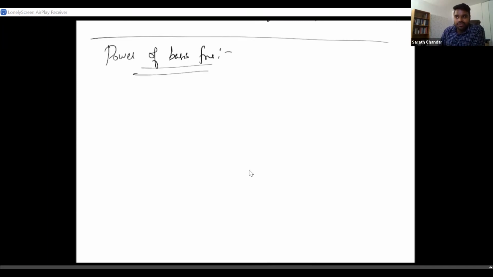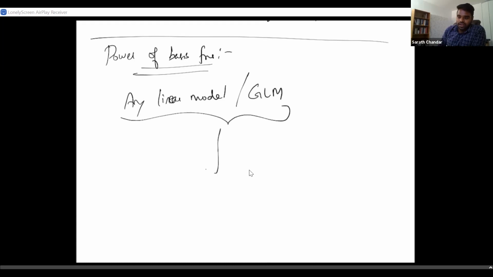You could take any linear model that we have learned so far in this course, or even generalized linear models, which are a superclass, and you could just add nonlinear basis functions and get a nonlinear decision boundary.